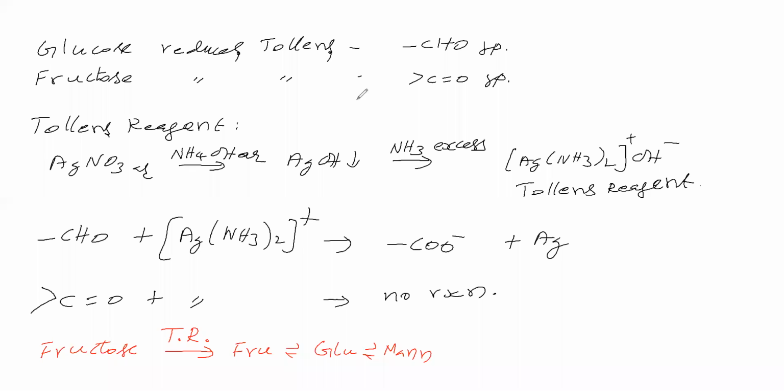Actually fructose is not reducing Tollens reagent, but in the equilibrium, glucose and mannose are there, which reduce it. So superficially we say fructose reduces Tollens reagent, though it has a ketone. Like that we are saying.